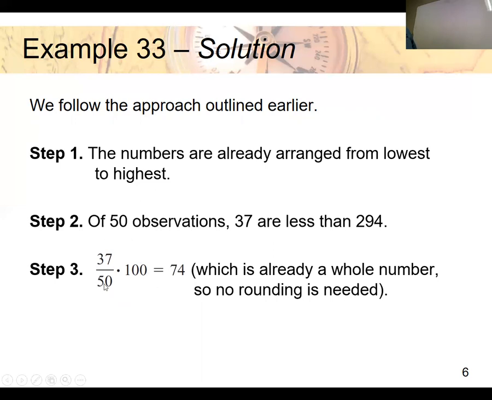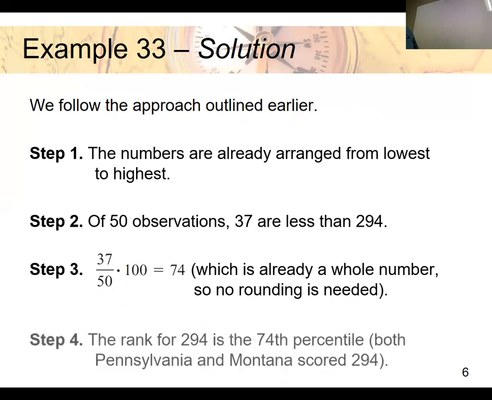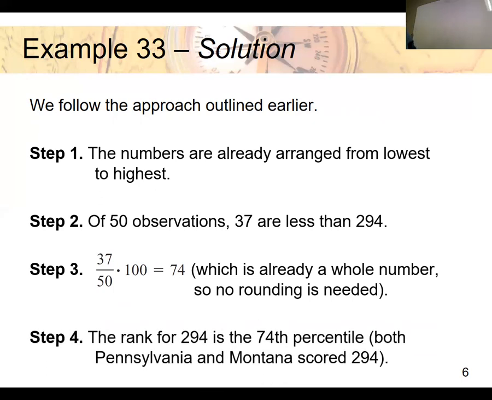If we do 37 divided by 50 times 100, we get 74. It's already a whole number, so we won't need to round. So the score 294 is in the 74th percentile. That's how we find the percentile for this particular problem.